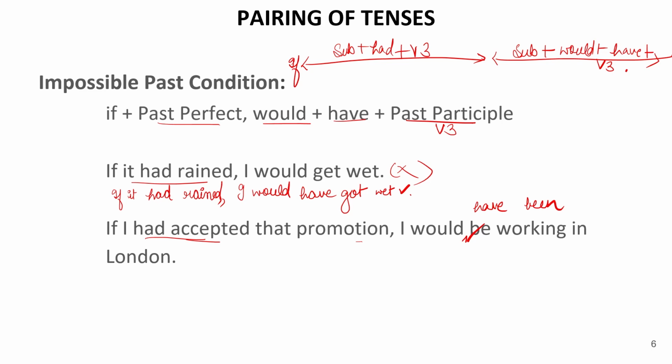This is type 2 condition. But if I had money, I would have given it to you. So this is impossible past condition. Now nothing can happen. This is just an imagination.